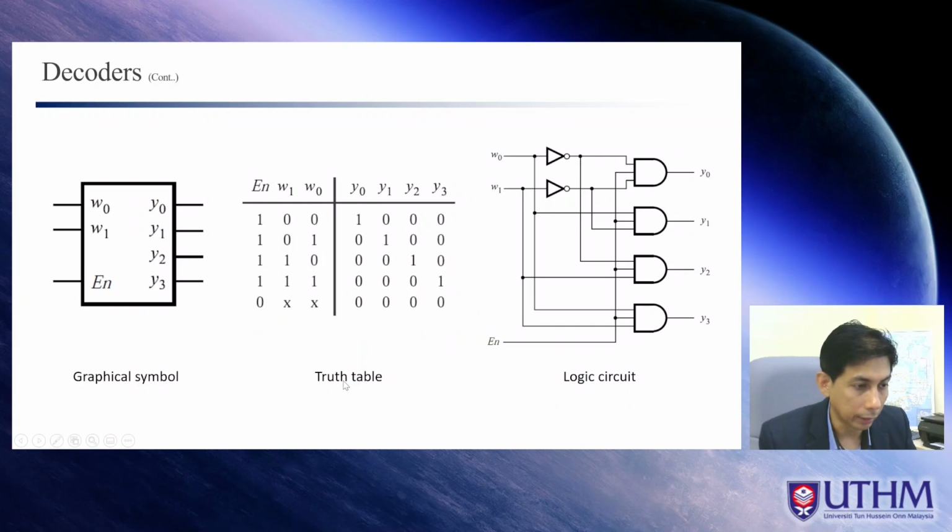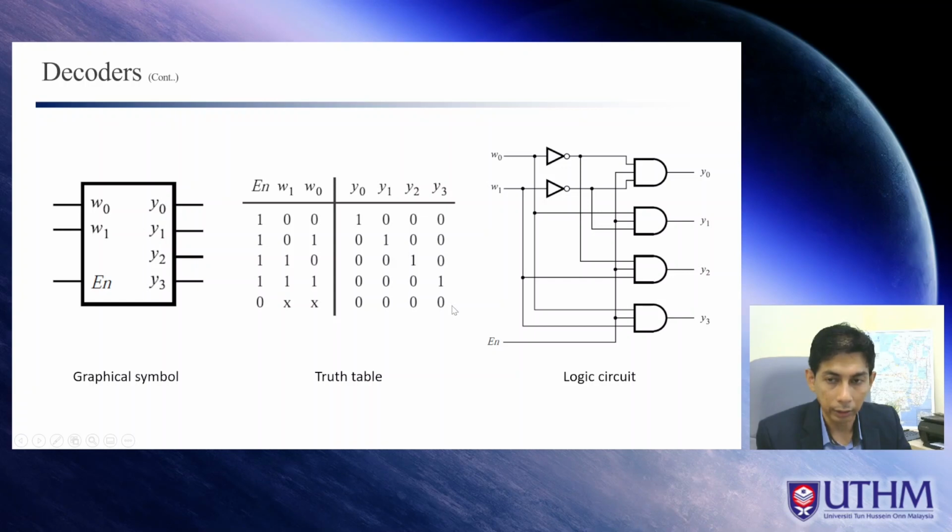So let's look at the behavior of the very basic decoder, the 2 to 4 decoder, where we have 2 inputs, 4 outputs, and 1 enable input, en. If enable equals 0, it doesn't matter what W1 and W0 are, the output will always be 0.